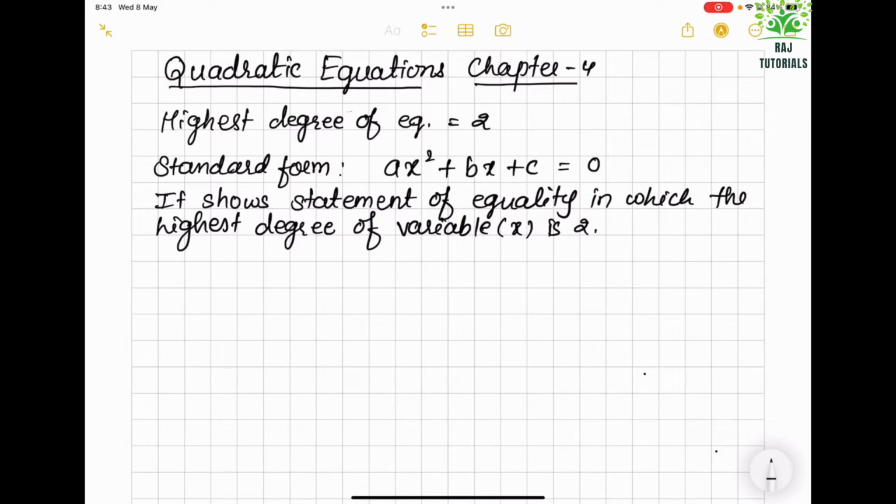Here we have taken the variable x, but it can be anything: x, y, z, etc.